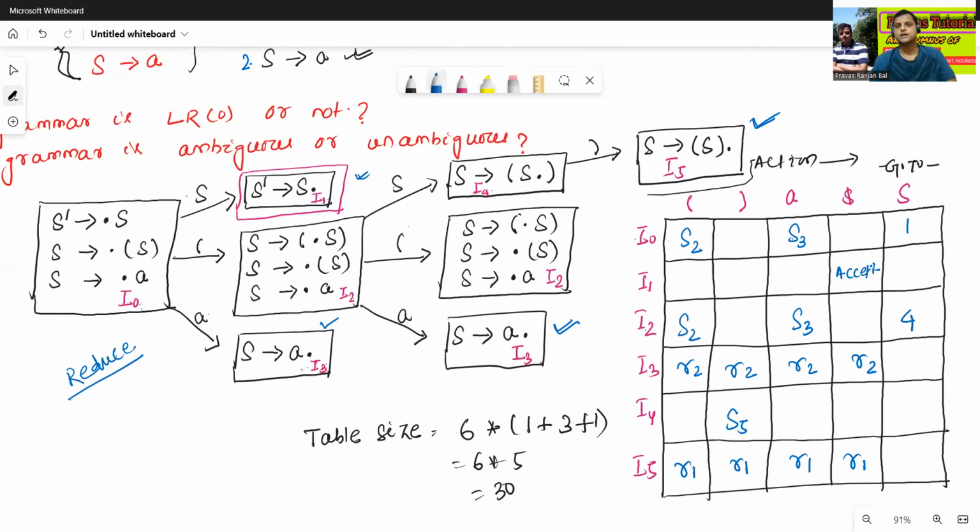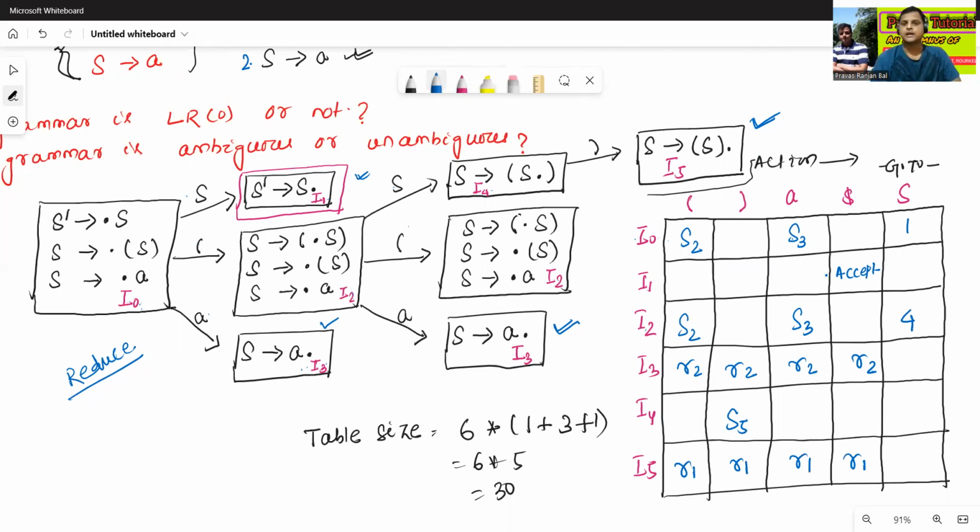I forgot to write the accept action in the previous class, I12 dollar. Please don't mind, here I clarify. I12 is always the accept action, or it may be an error action, but here it is accept action.